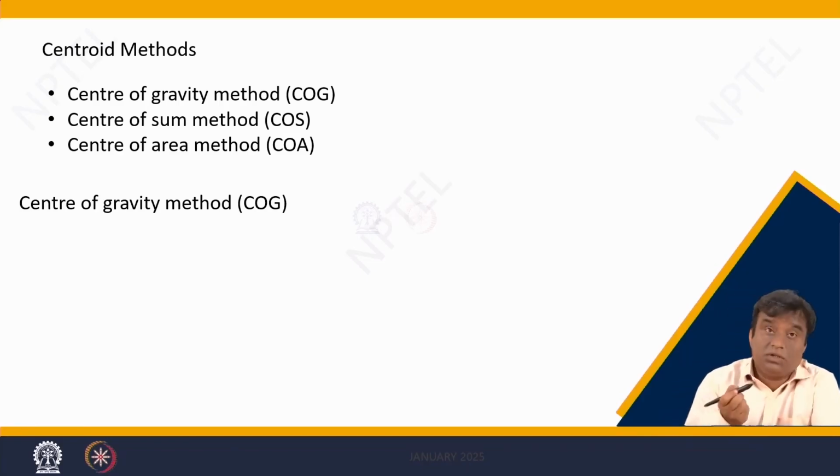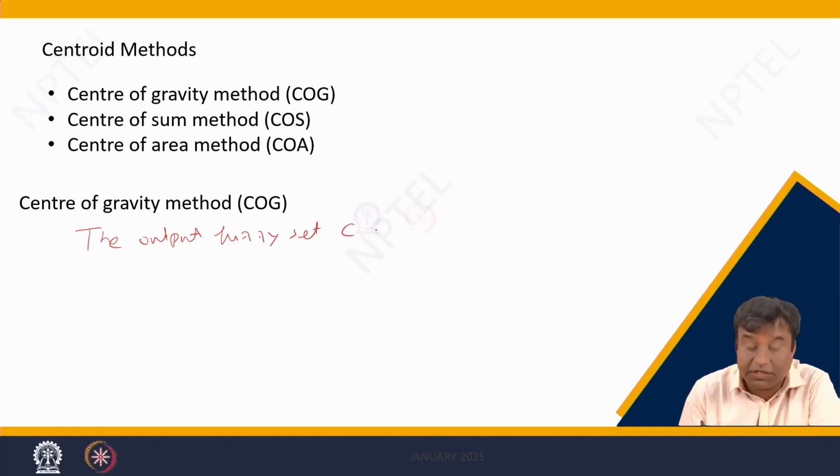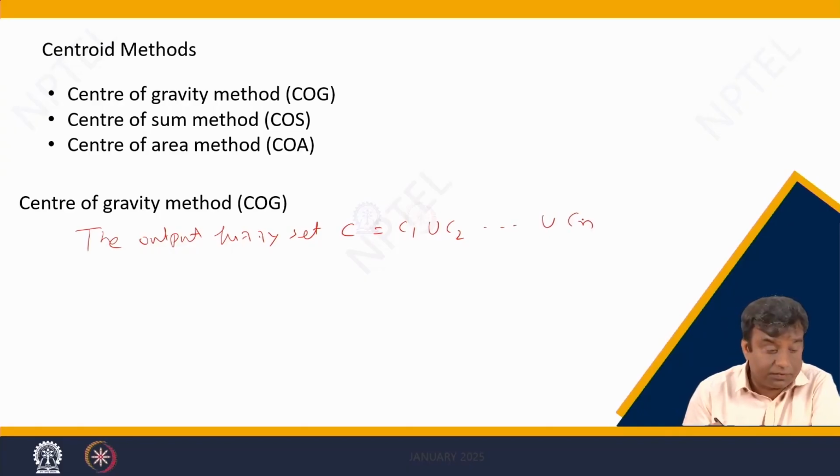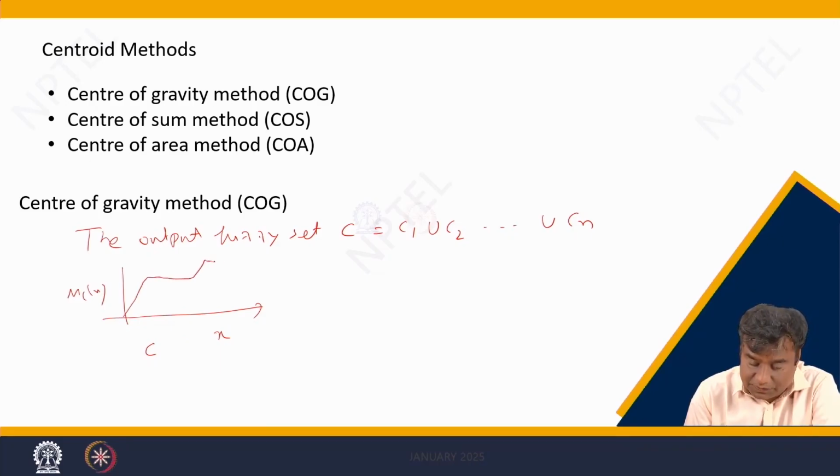The output fuzzy set C is equal to C1 union C2 union Cn, and here the C represents like this, and so on, something like mu Cx.